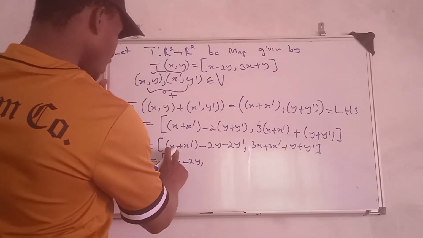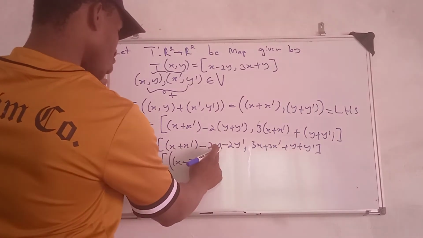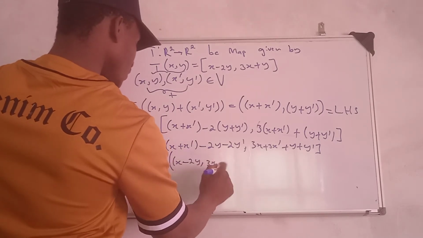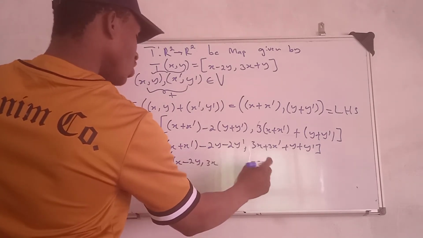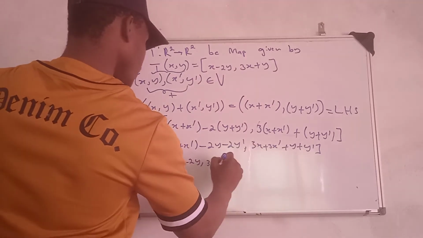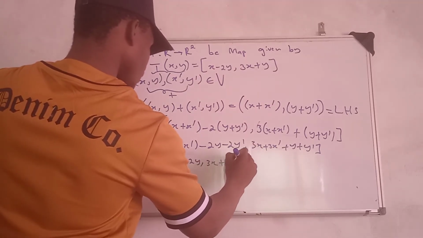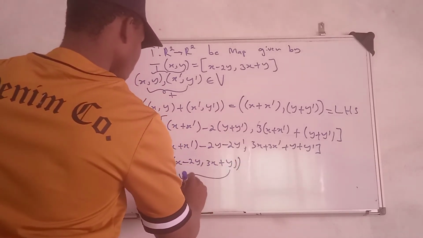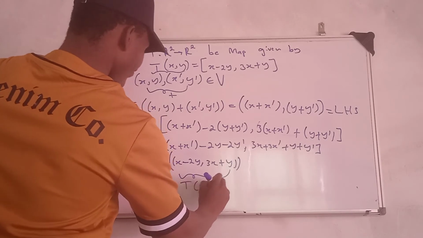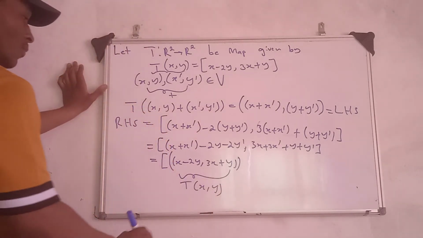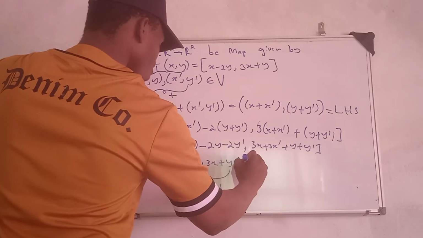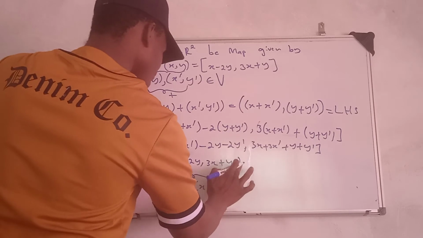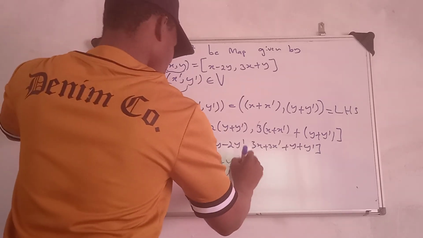So we took this one and this one. So right now we are left with this one and also this one. The trick is to write this in terms of T, x, and y. This is the trick. I can just remove these brackets and write this.